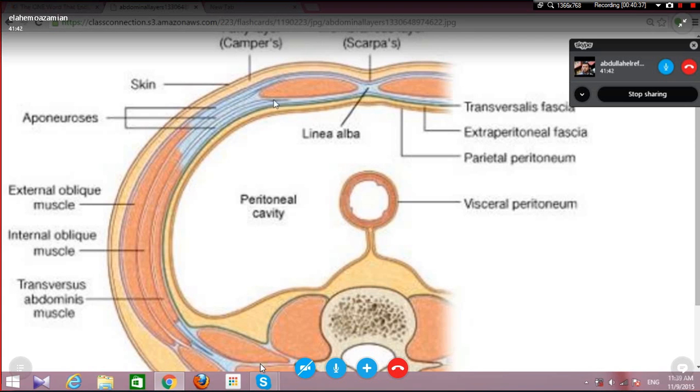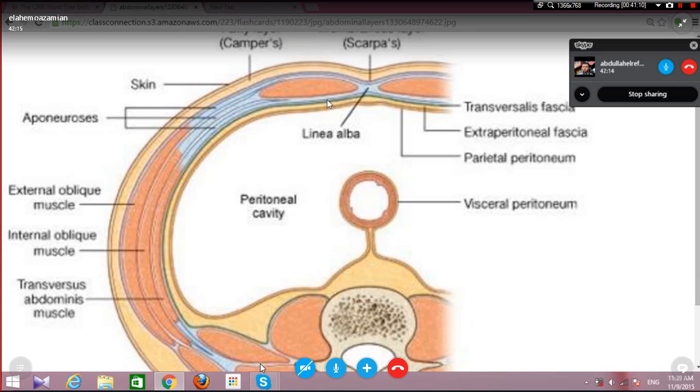One goes anteriorly, one goes posteriorly to the rectus abdominis. Aponeurosis of external oblique joins with the anterior lamina of internal oblique. This is called the anterior layer of rectus sheath. So the anterior layer is the aponeurosis of external oblique and the anterior lamina of internal oblique.